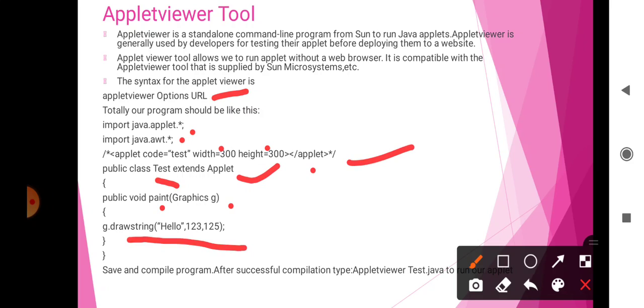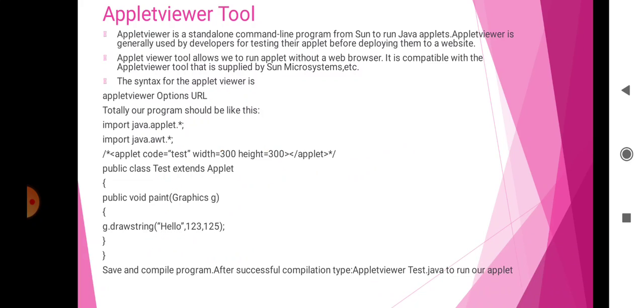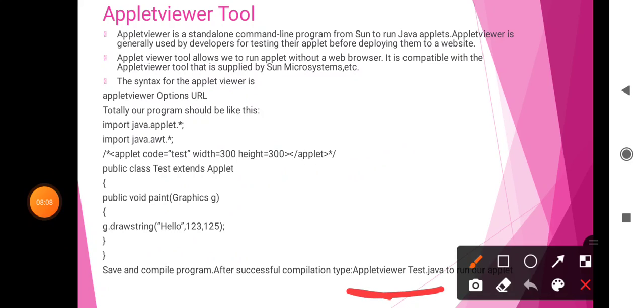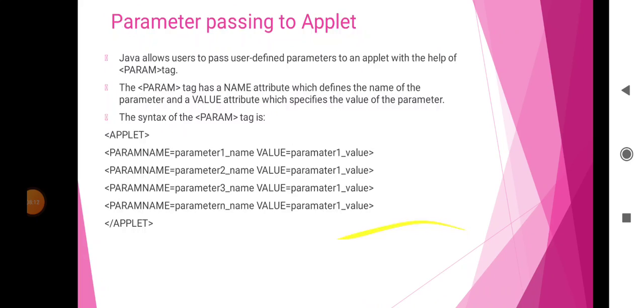Then save this program using the class name and compile the program, and after successful compilation type this command, appletviewer test.java, to run our applet. Here one difference from other programs is that we just add this command, appletviewer classname.java.